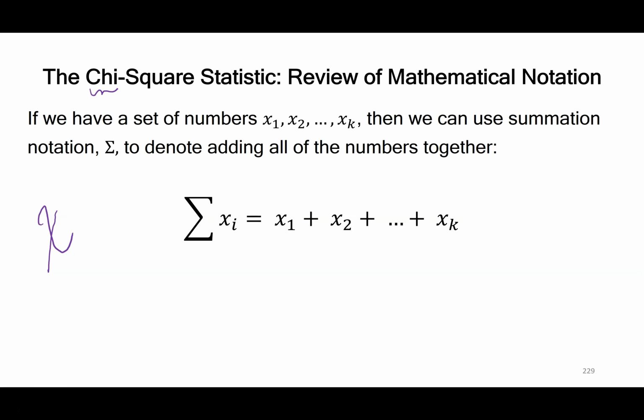It's kind of like a curvy looking X. So chi-squared is going to look like this. As a review, we have this notation, sigma x i. It means add all the x's together. So this means add or sum. If you see that notation in any of our classes, it means add things together.